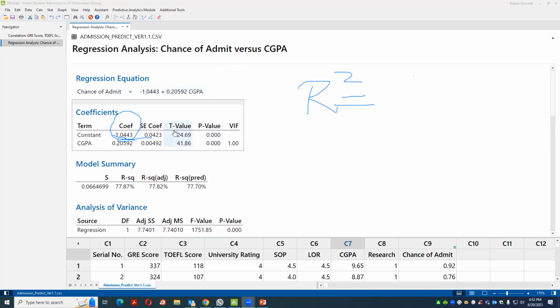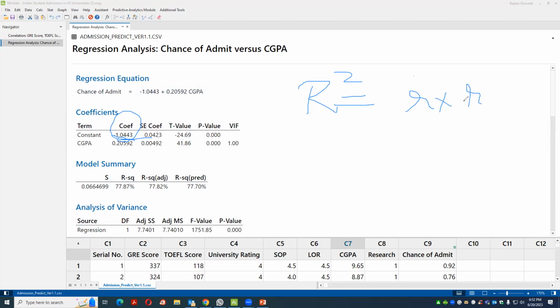What is the meaning? 77.87% of chance of admission depends on GPA. So how much? There is also a relationship with, in simple regression, R square is R into R.